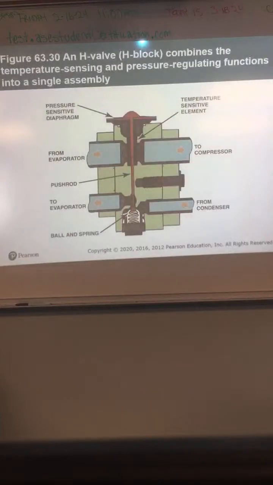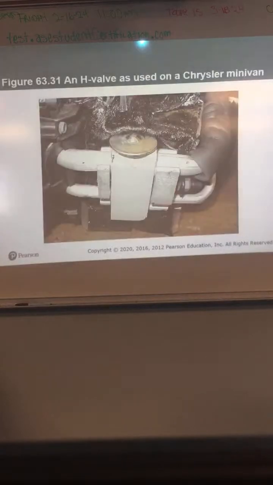This is the other type. This is the H block. This one has the temperature sensing unit all built into it, so it won't have that separate tube and sensing bulb. As you can see, it's got 2 in, 2 out, so it's got a 4 port, okay? Looks like that on some vehicles.